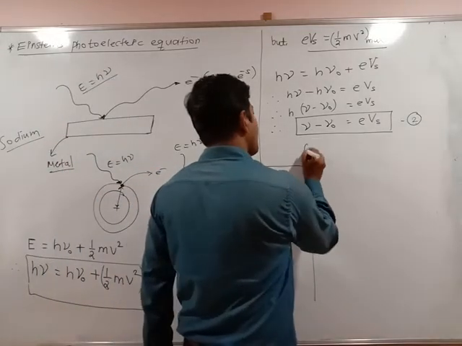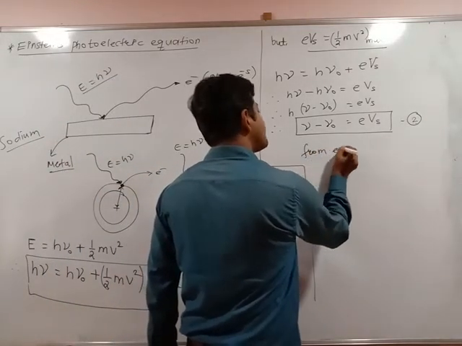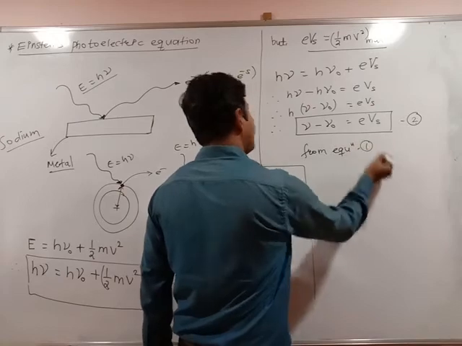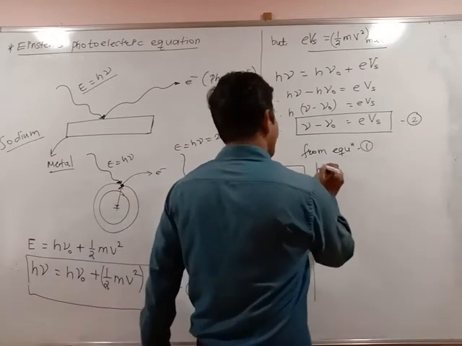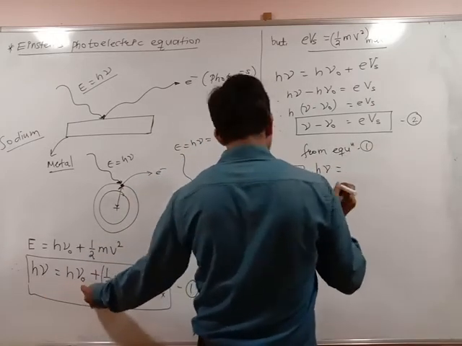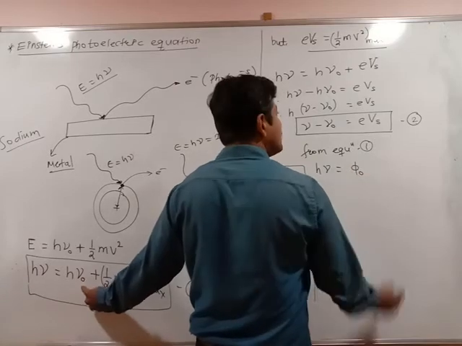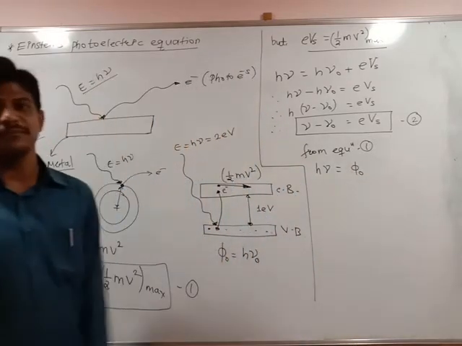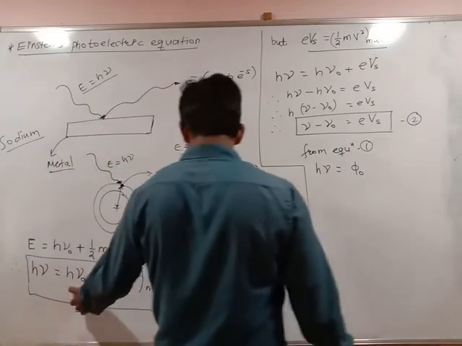Again, from equation 1, h nu is equal to h nu 0, which is equal to phi 0, because phi 0 is the work function. Look at what we saw earlier: do you remember the value of phi 0?